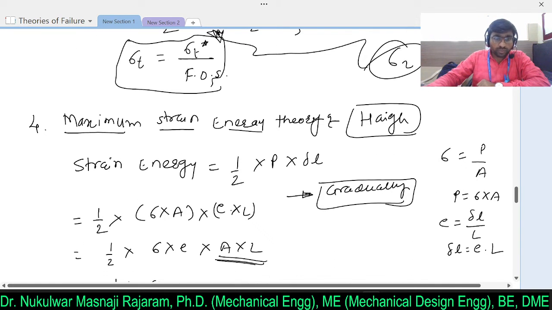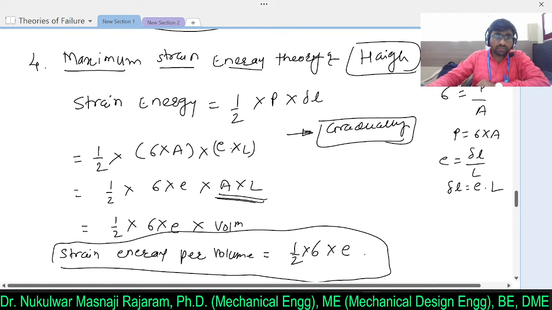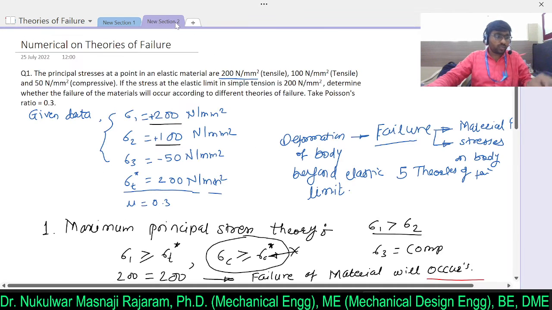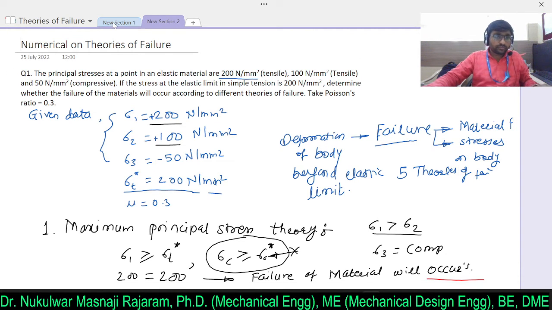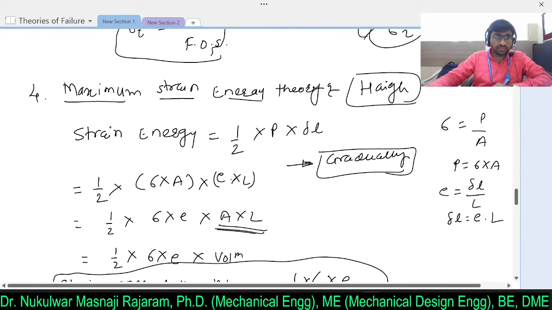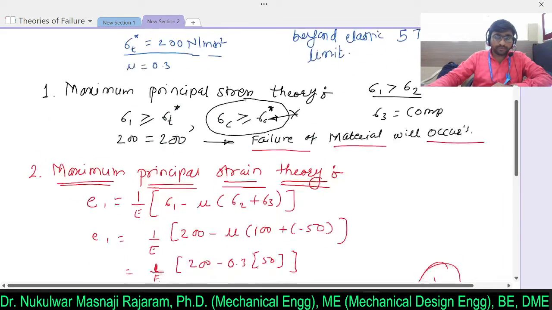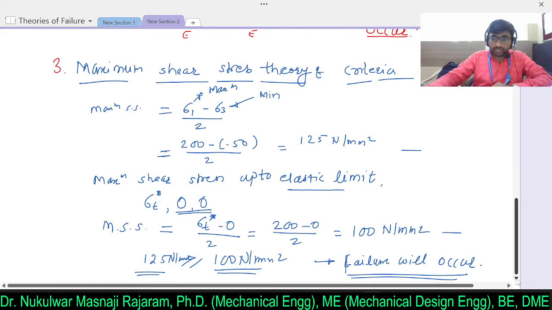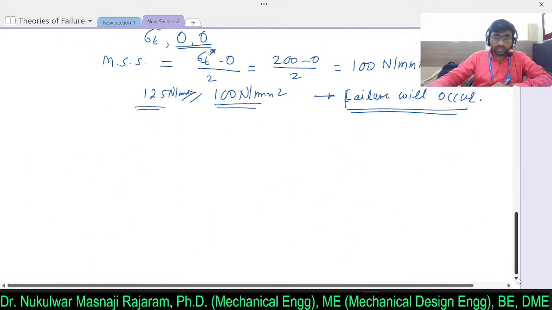Next theory we learn is the maximum strain energy theory. So let's see what that is. Maximum strain energy theory. So let's check through that theory also.